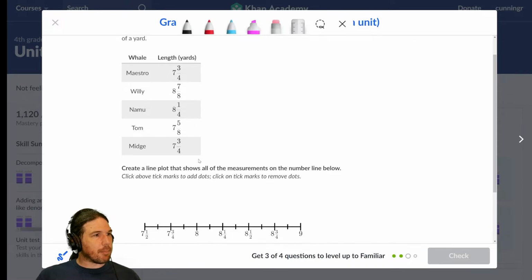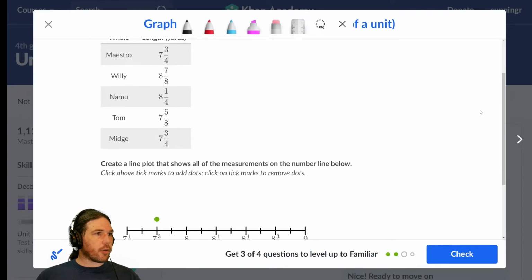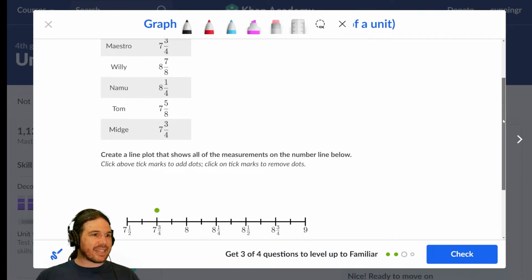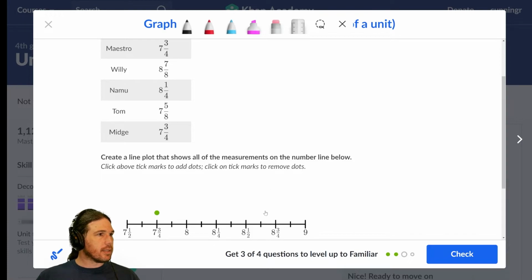we're creating a line plot. We've got one that's 7 3/4, so that's that one right there. We've got another one that is 8 7/8. Well, let's see. Here's 8, and 1, 2, 3, 4, 5, 6, 7/8. So we'll put a dot there.